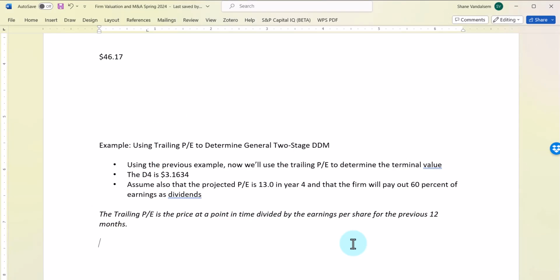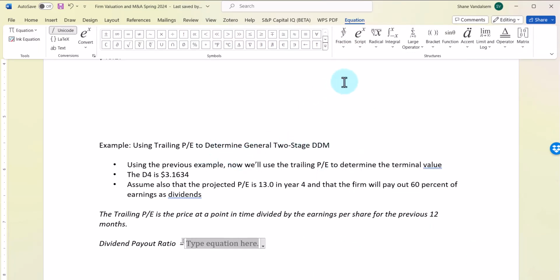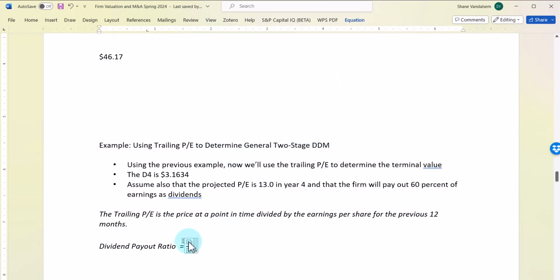So the way we're going to get to the earnings per share is by using the information we have. We've got the dividends per share at year 4, and we've got the dividend payout ratio of 0.6. So the dividend payout ratio is equal to the dividends per share divided by the earnings per share.